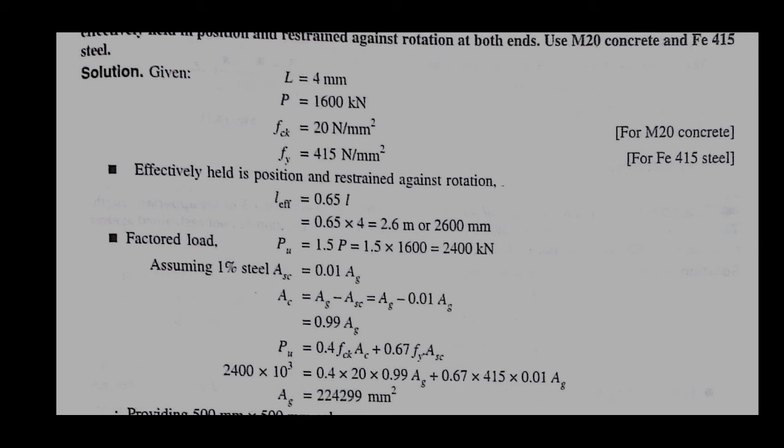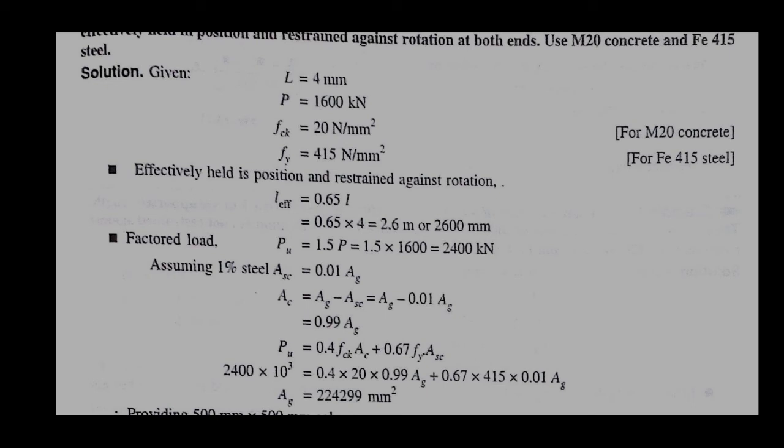Okay, now value of Pu we have calculated earlier, we just multiply the load factor, that is 1.5, with axial load P. So, now our Pu is 2400 into 10 cube, that is equals to 0.4 into 20 into 0.99 Ag plus 0.67 into 415 into 0.01 Ag.